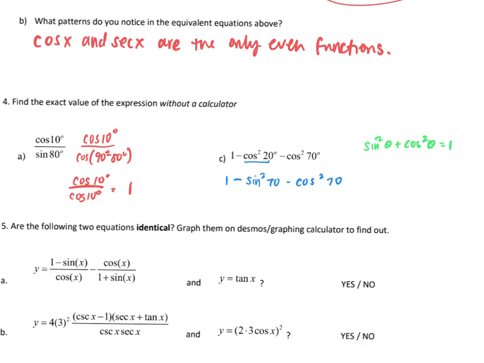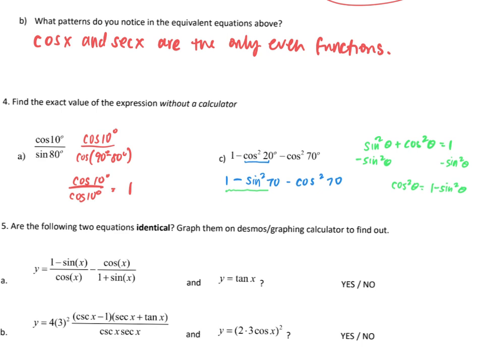It doesn't look quite like that, but is there a way I could get 1 minus sine squared of theta? Well, yeah, if I subtracted sine squared theta from both sides, I get cosine squared theta equals 1 minus sine squared theta.